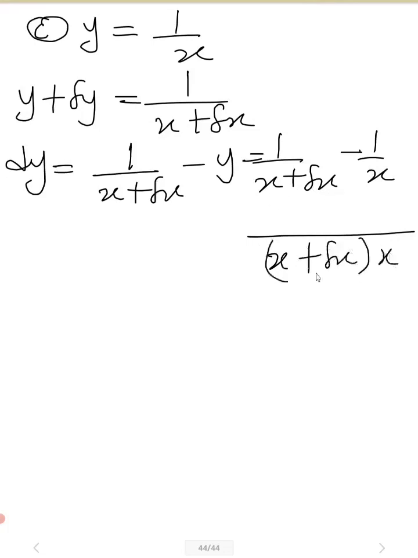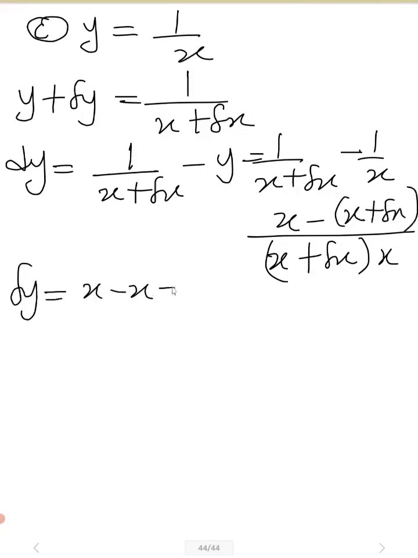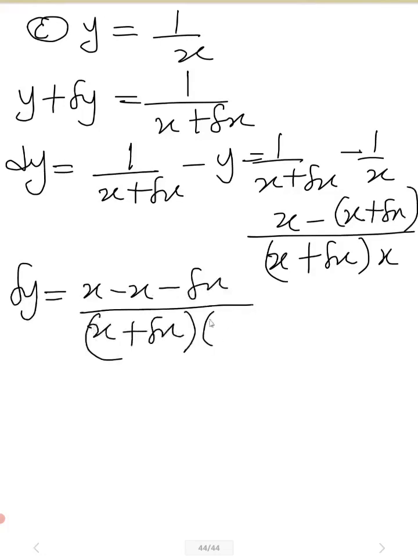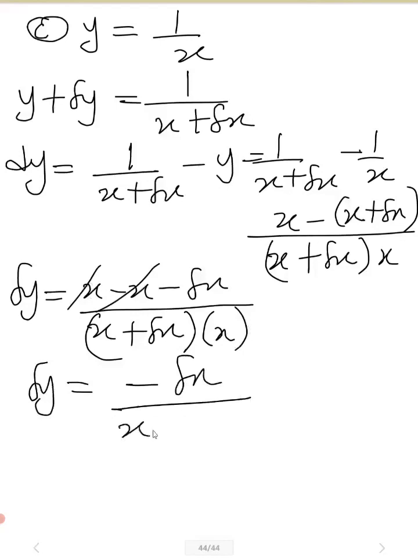So by the time this cancels this, it will remain x minus x plus change in x. So meaning that change in y is x minus x minus change in x all over x plus change in x onto x. So this will cancel. We have change in y is equal to minus change in x all over x plus change in x bracket x.